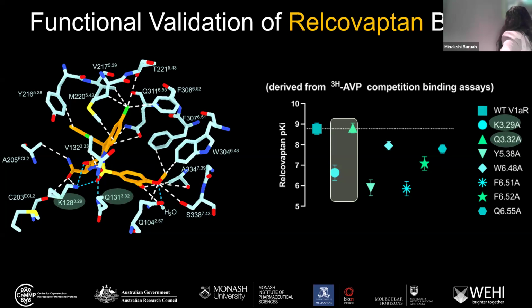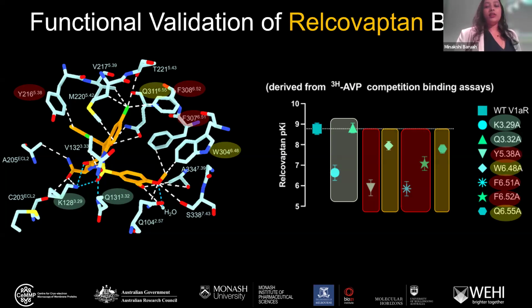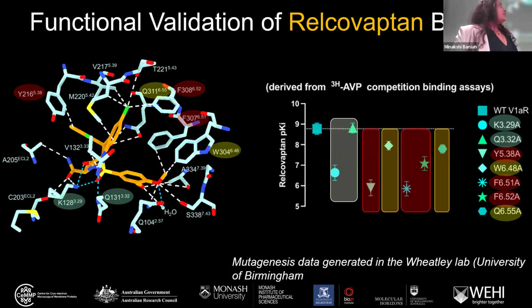When lysine 128 and glutamine 131 were mutated to alanine, the affinity towards the ligand was significantly decreased. Similarly, when some of the aromatic residues were mutated to alanine, we observed a similar decrease in affinity. This suggests that these residues are extremely important for ligand binding.